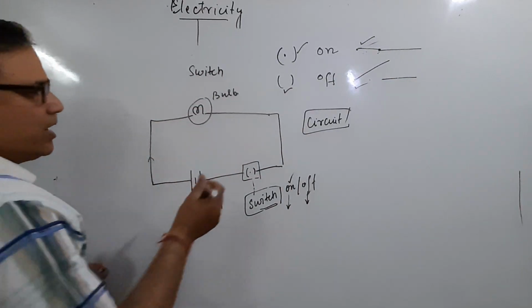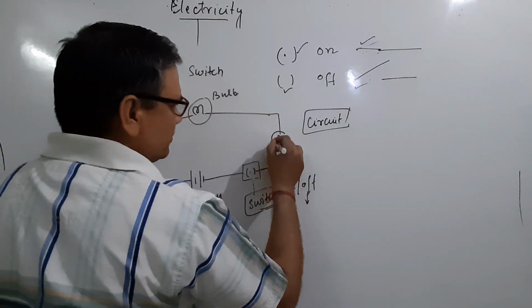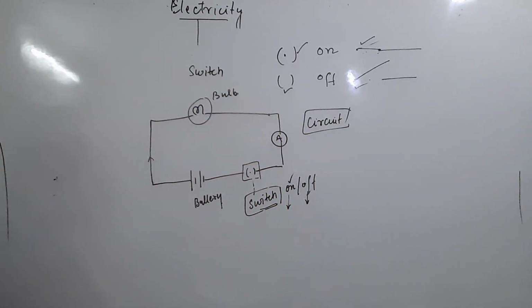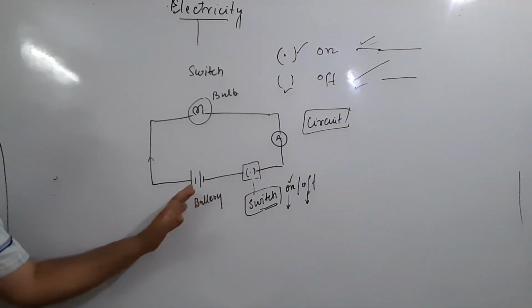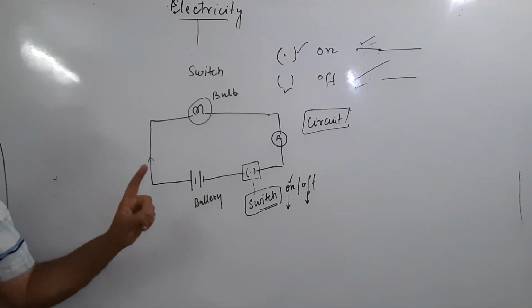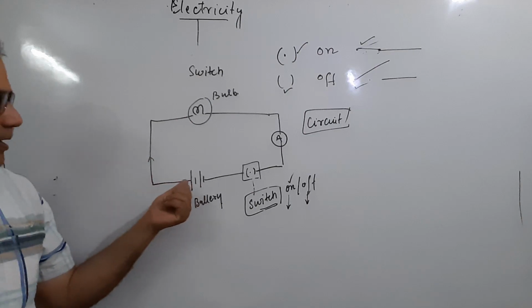Now what is a circuit? In the figure, the circuit contains the following electrical appliances.